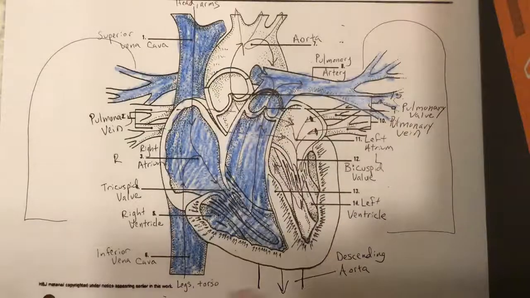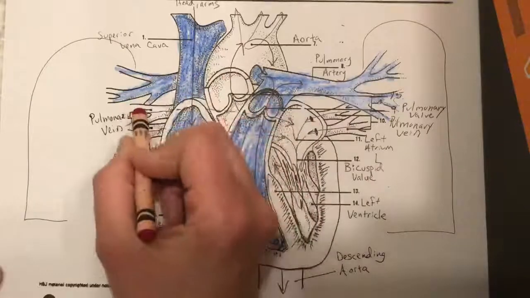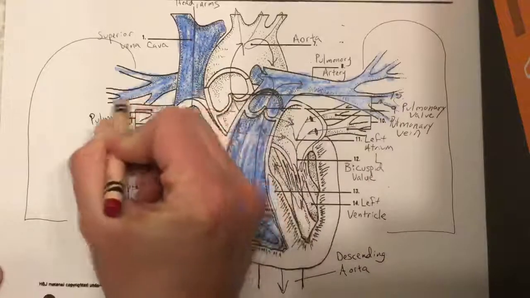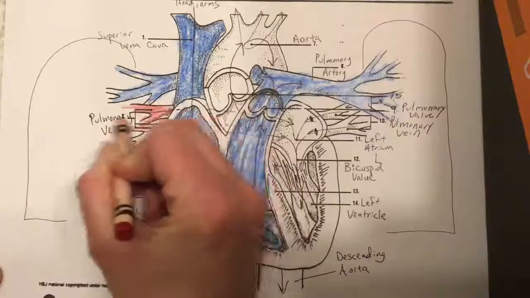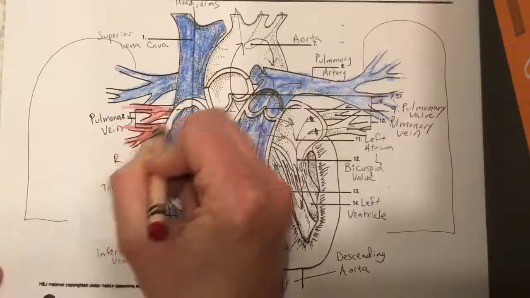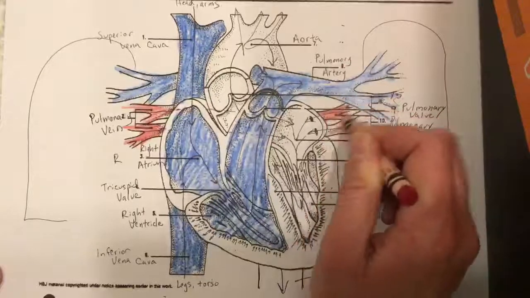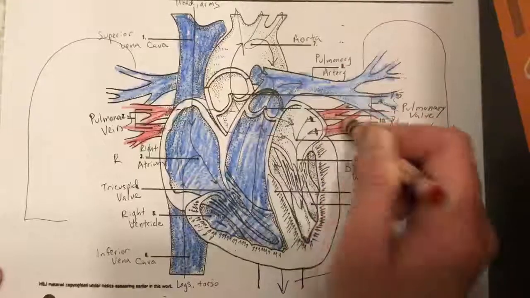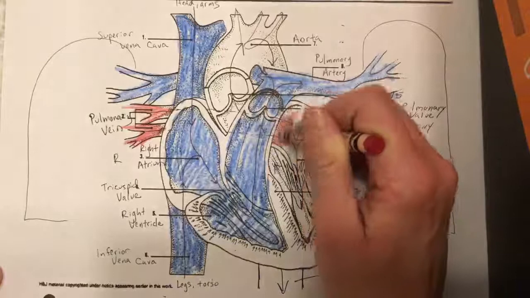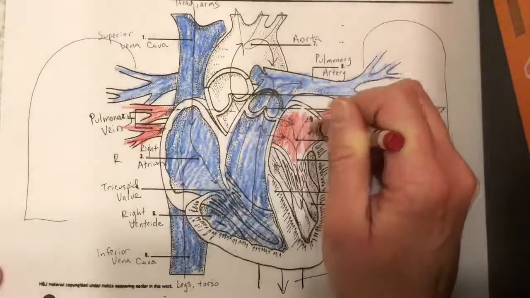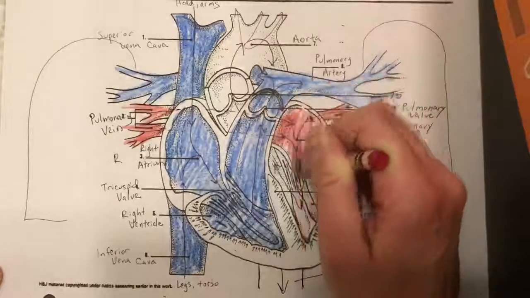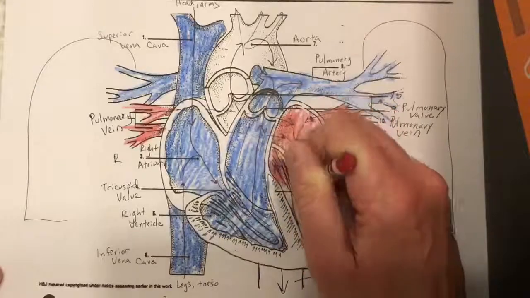So everything I just drew or labeled is going to be red, because red is traditionally the color shown in the heart for oxygenated blood. But in reality, it would be red, it just would be bright red and not burgundy. So go ahead and color in all of those structures red.